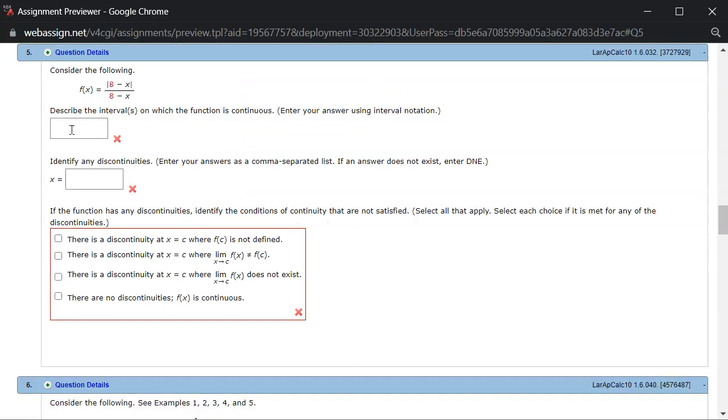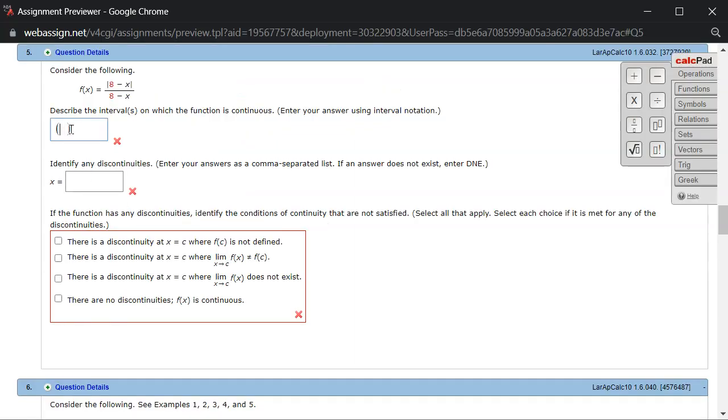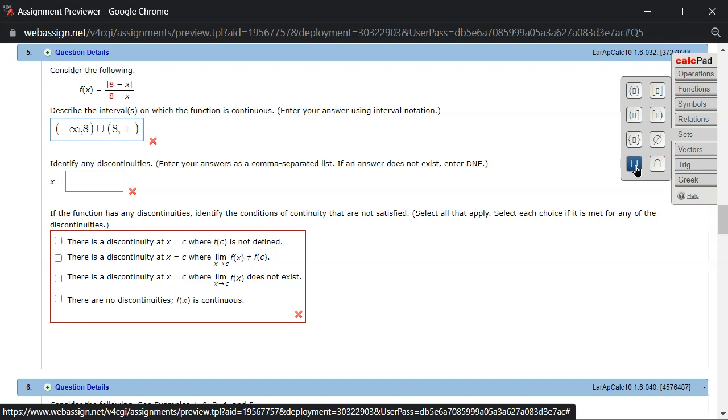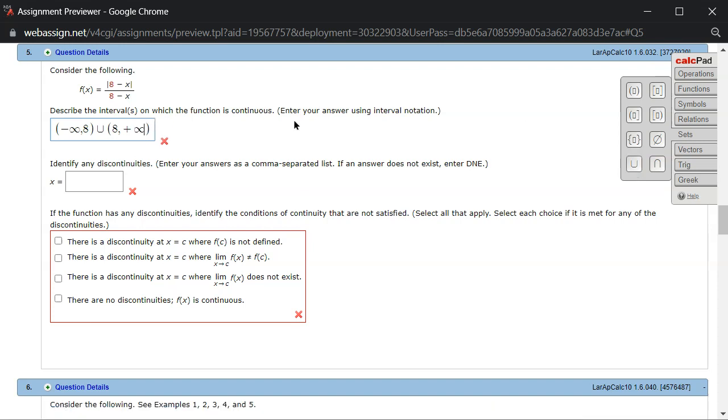So we're going to put from negative infinity up to 8, but we're going to skip it. So we go to sets and use a union sign here, and then 8 all the way to positive infinity. So we got that.